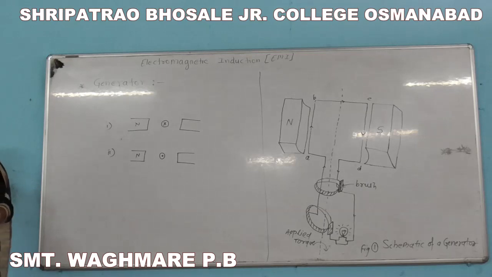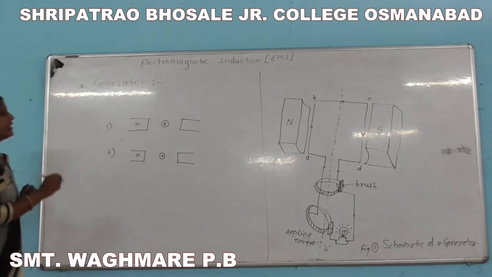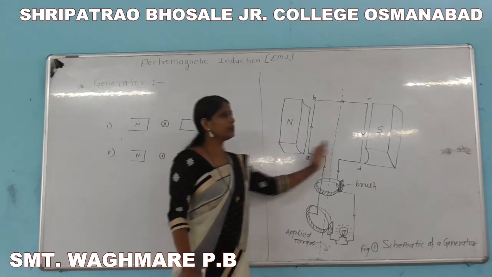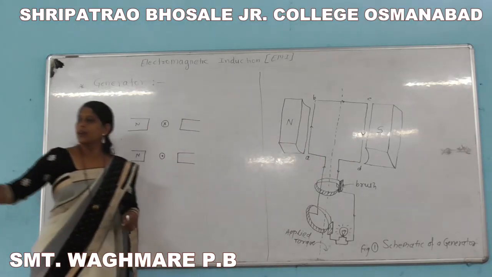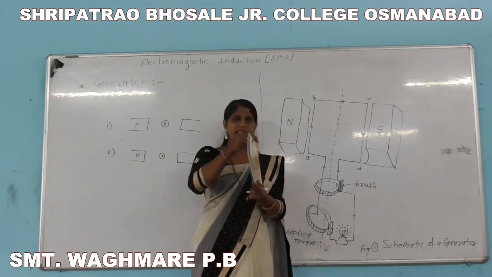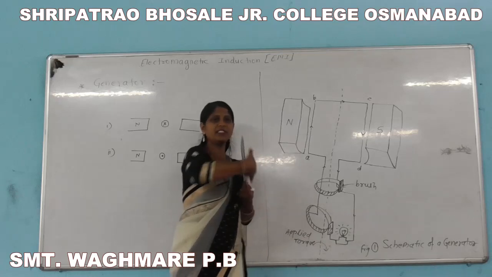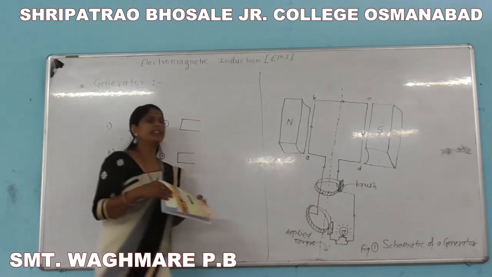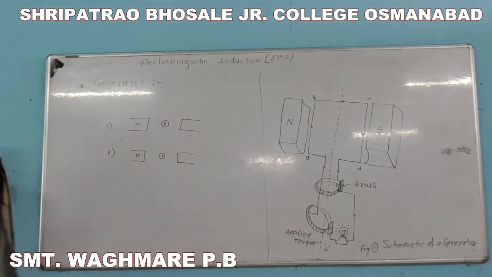As in the first case, the conductor is moving upward across the lines of force, inducing maximum EMF. Then when the conductor is moving parallel to the magnetic field, that is, when the conductor is at this position, the surface area of this coil is parallel to the magnetic field, and therefore the conductor is moving parallel to the magnetic field.